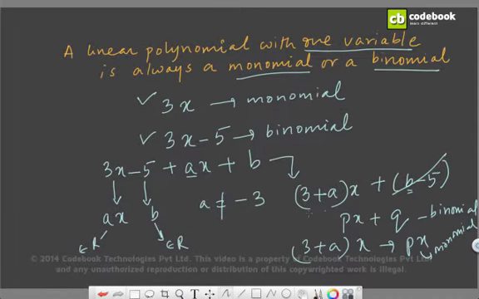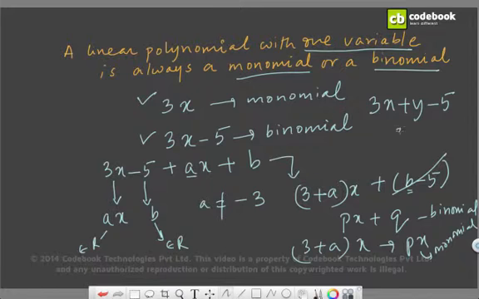So no matter what terms you add to this polynomial, you will always end up with either a monomial or a binomial as long as the degree of the polynomial is 1 and it always has one variable. This is a very key point, because I can have a linear polynomial like 3x plus y minus 5.